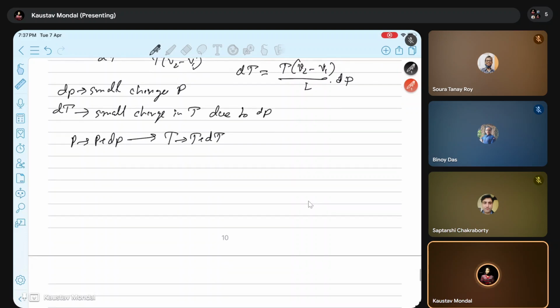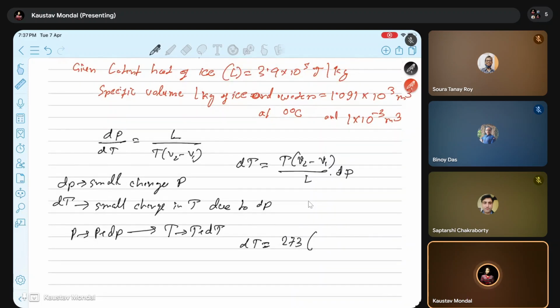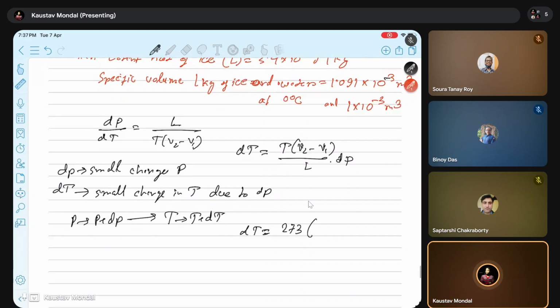Now everything is given. T is 273, V2 is 1.091 into 10 to the power minus 3, minus 1 into 10 to the power minus 3.